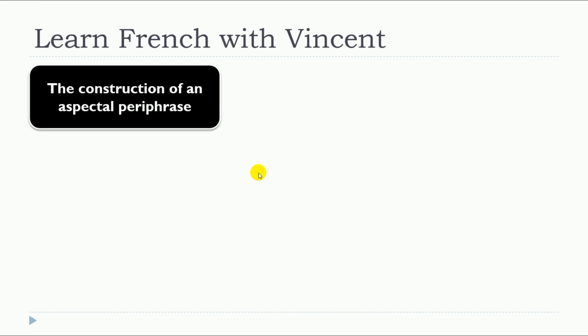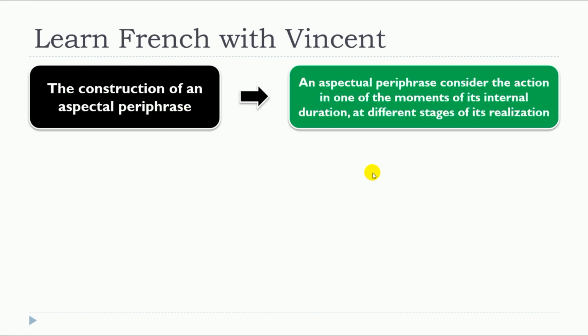So let's see together the construction of an aspectual periphrase. An aspectual periphrase considers the action in one of the moments of its internal duration, at different stages of its realization.